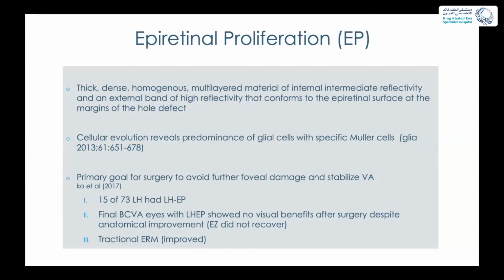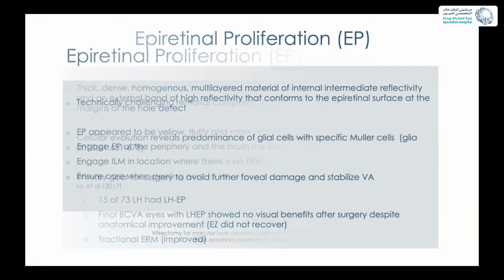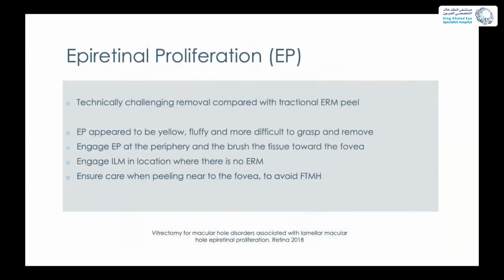In their study, the tractional lamellar hole usually improved visually after the surgery. So for the surgical retina specialist, you should know that retinal proliferation is technically challenging during removal of the membrane intraoperatively, compared with the tractional retinal membrane.